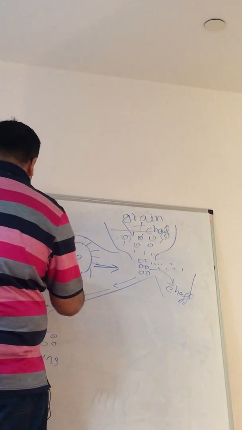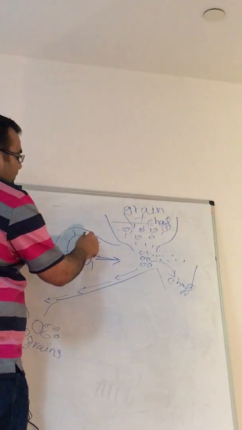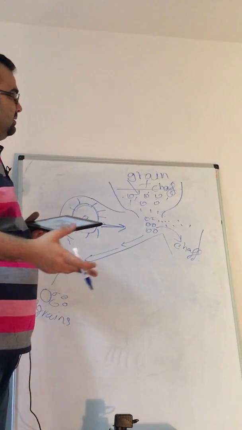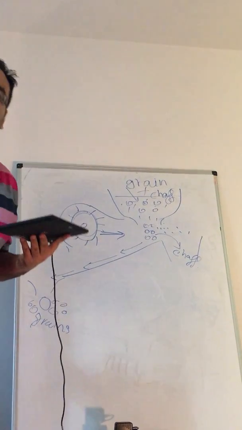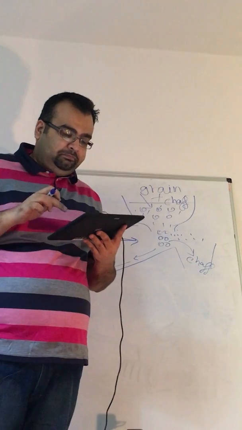Now this is all enclosed in a machine where this fan is, and that's how this whole process of winnowing is happening. Okay.